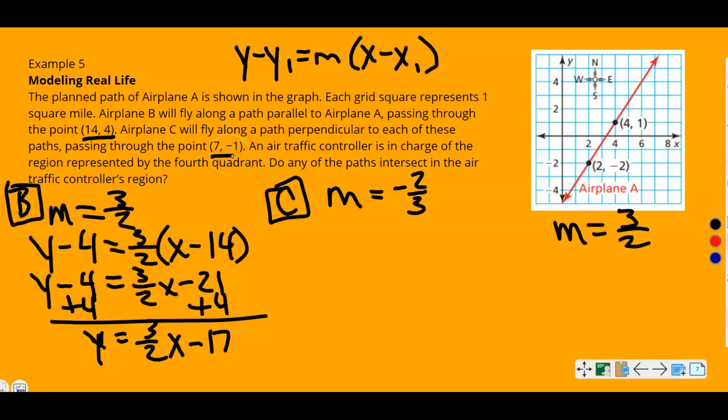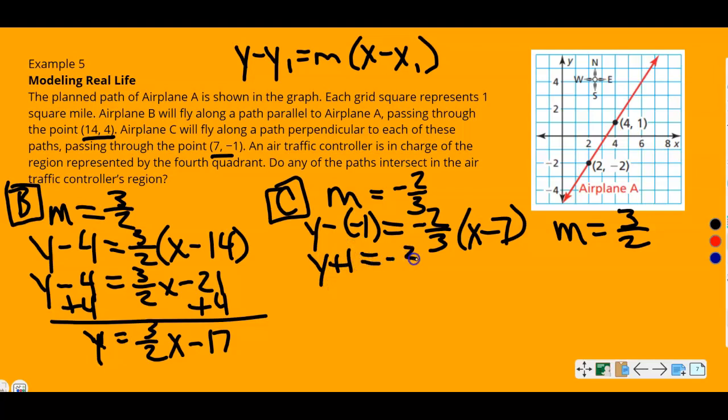Again, I'm going to write an equation. y minus my y, which is -1, equals m times x minus my x, which is 7. Minus a -1 would be y plus 1 equals -2/3 x. -2/3 times -7 would be positive 14/3.